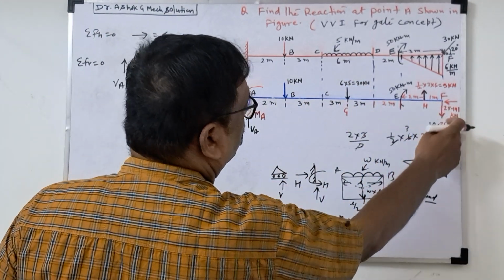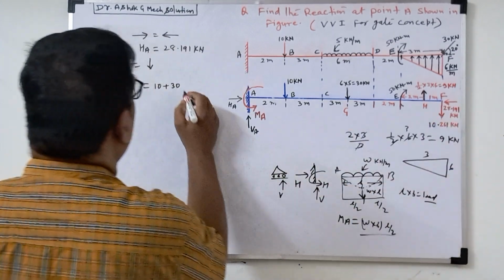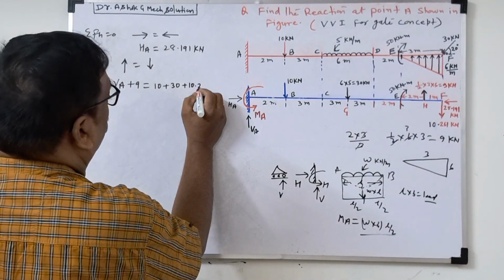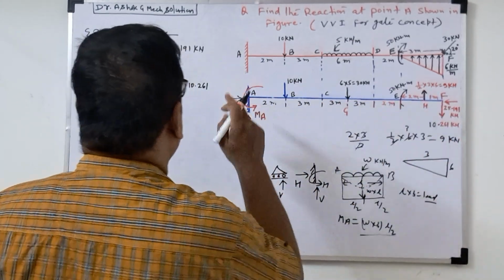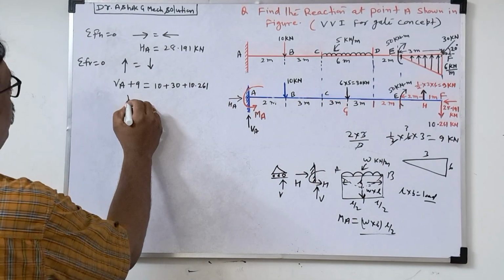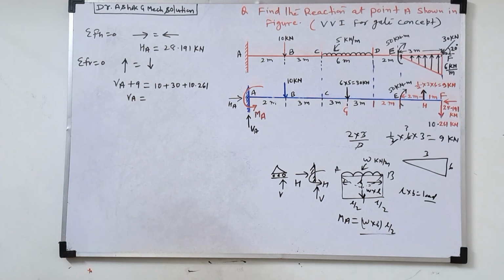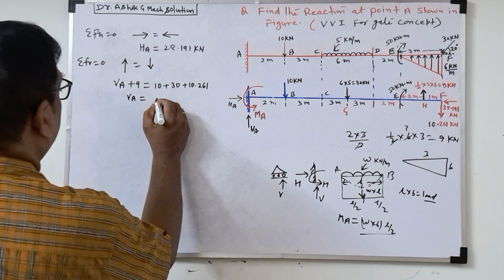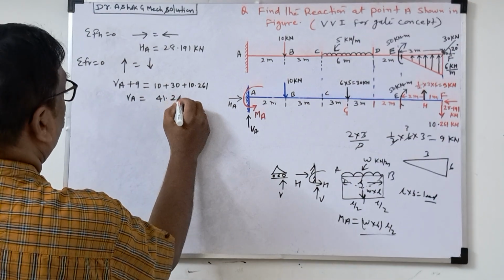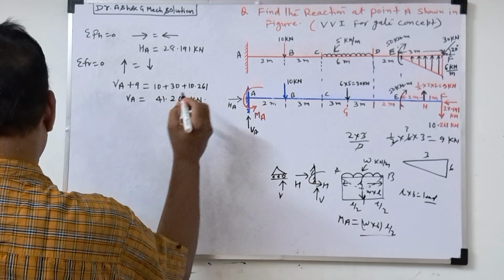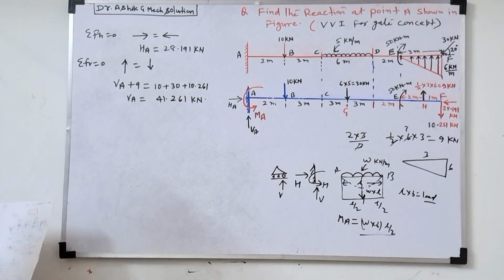Yes, at point F, 10.261. So 1, 2, 3 downward forces and 1 and 2 upward forces including VA. So VA we get 41.261 kilonewton, as we calculated before.